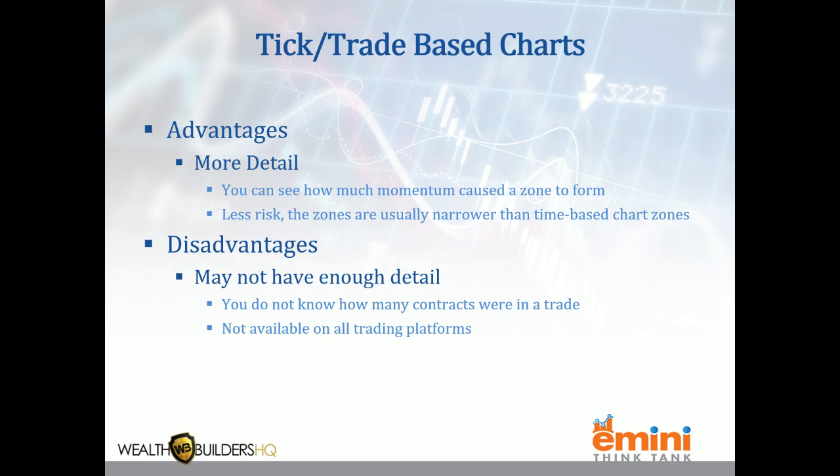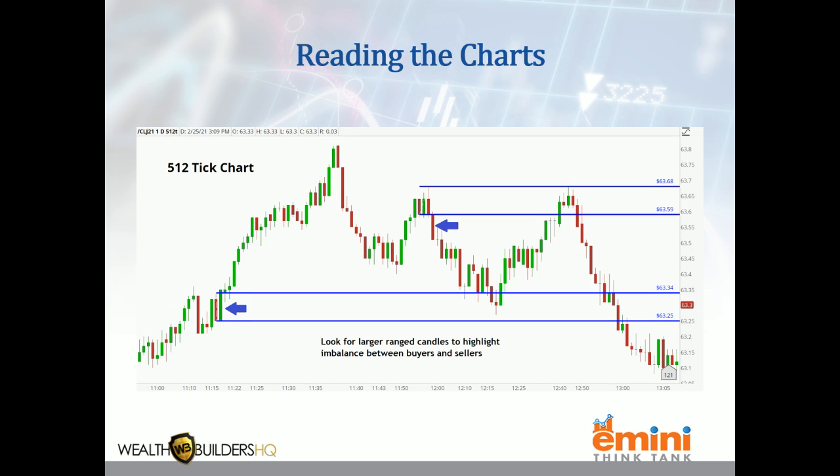But getting into the details that we're going to be looking for, let me just show you this. When reading the charts, it's no different than looking for buy zones and sell zones, or supply and demand, support, resistance, whatever you look for. What we're going to be looking for is the origin of imbalance between buyers and sellers. That's usually where moves will originate.